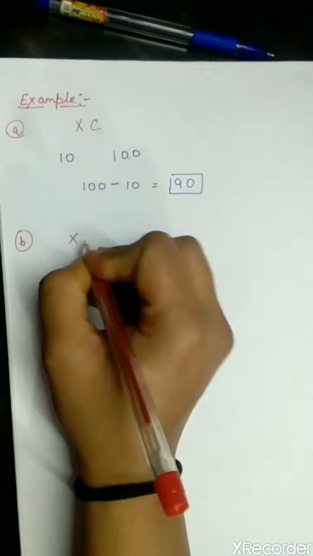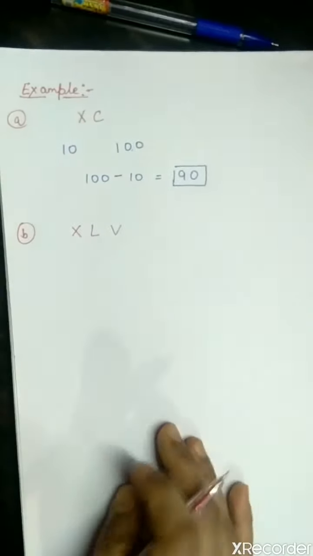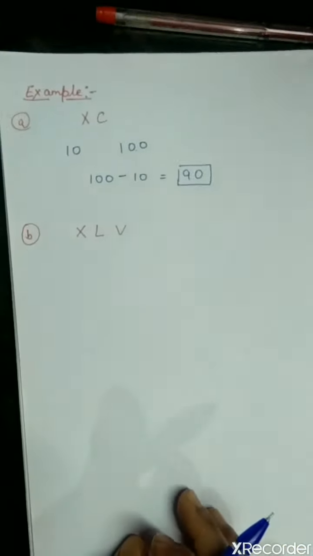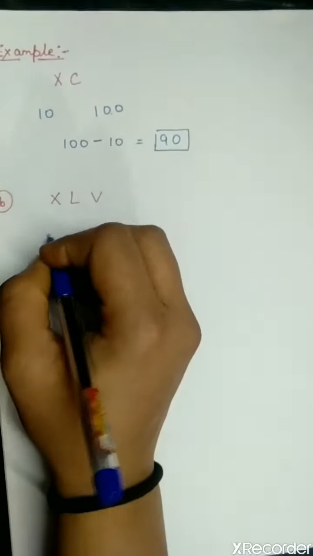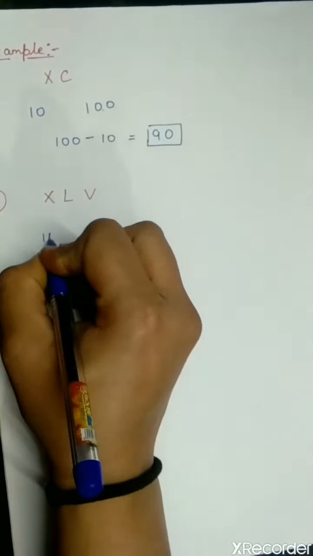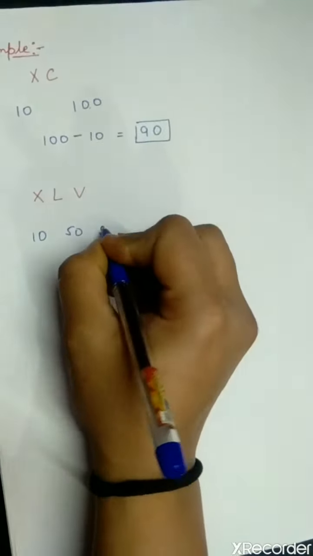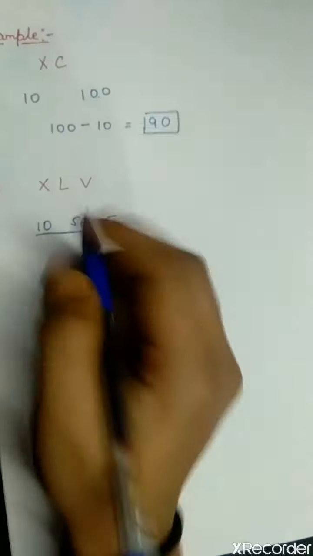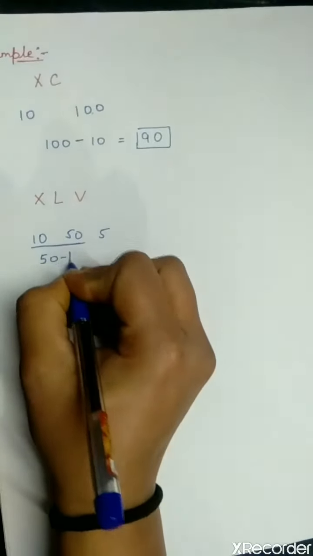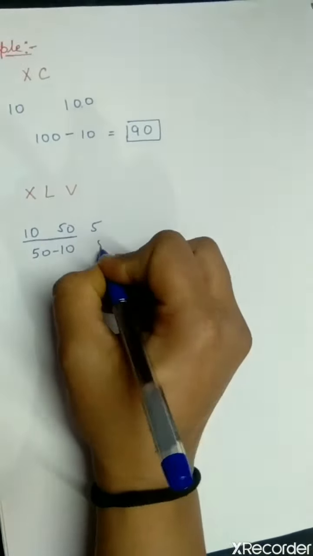Now the next question is XLV. Again, how will we write this number? Just write it down first of all. X means 10, L means 50, and V means 5. Again, remember the rule of subtraction. 50 minus 10, and let the 5 stay as it is. 50 minus 10, what will we get?